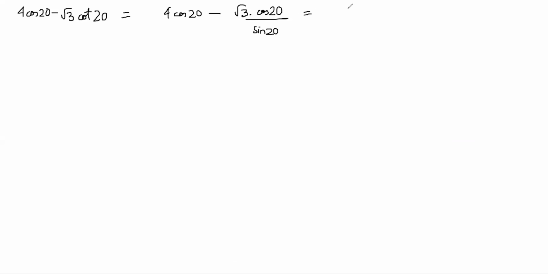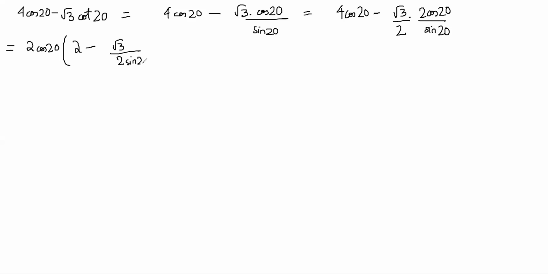It becomes 4 cos 20 minus root 3 by 2 into 2 cos 20 by sine 20. So I'll take 2 cos 20 common: 2 minus root 3 by 2, over sine 20. And that is 2 minus sine 60 by sine 20.